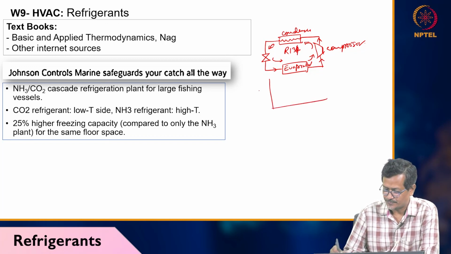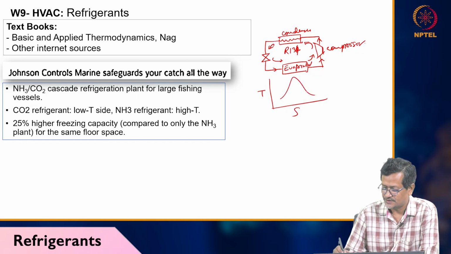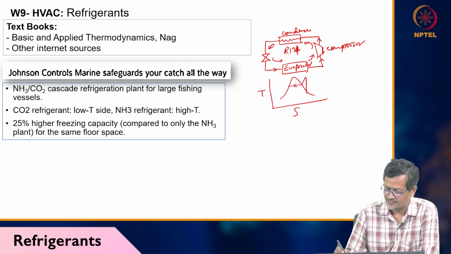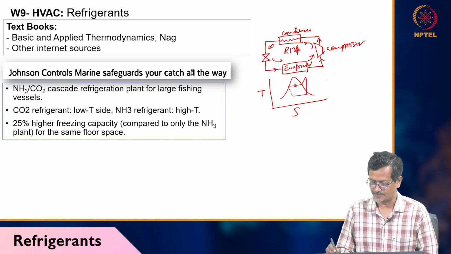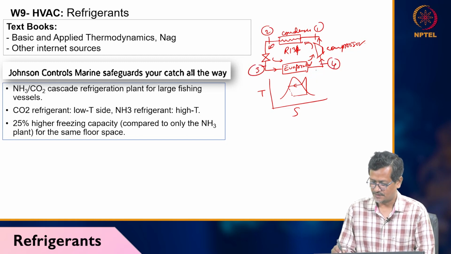Now this, if you want to put it in a TS diagram, it will be like this. Initially you are compressing the gas. After compression you are cooling down this refrigerant, then there will be throttling. The throttling process is actually an isenthalpic process. I'll be putting numbers also, 1 2 3 4.